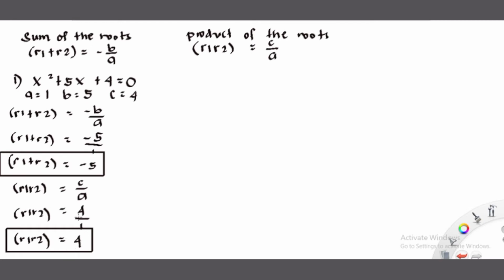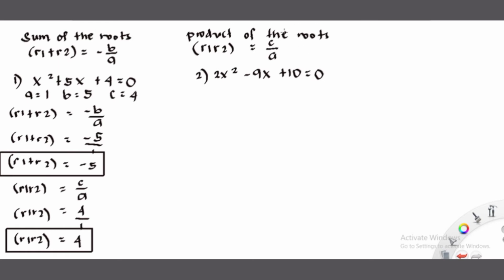So, ayan po ang mas madaling paraan to identify the sum and the product of the roots without solving for the roots. Let's have another example. Let's say we have 2x squared minus 9x plus 10 equals 0.